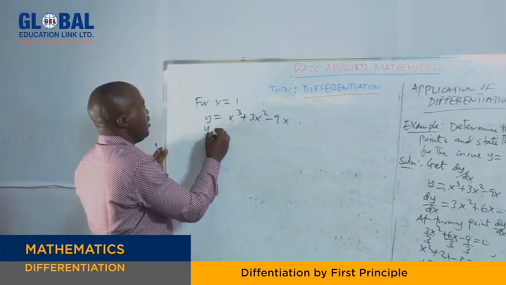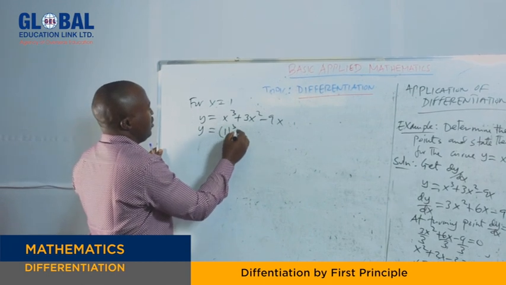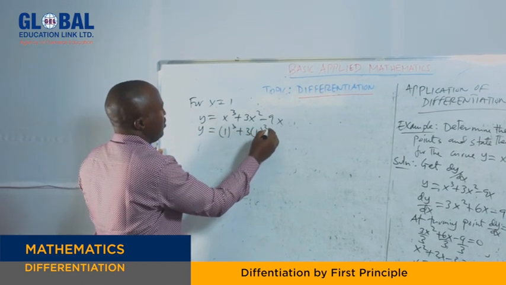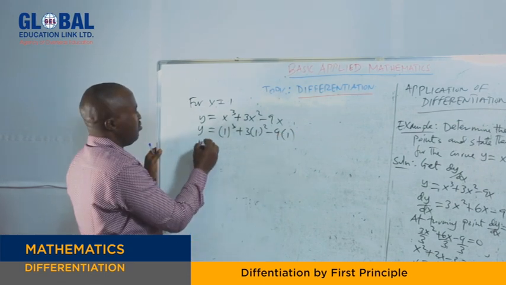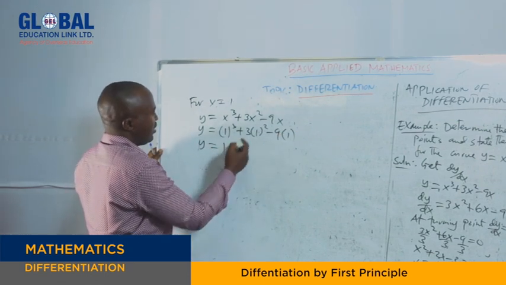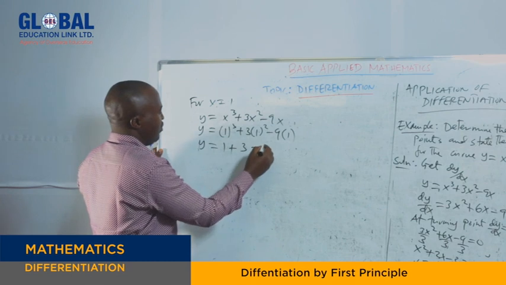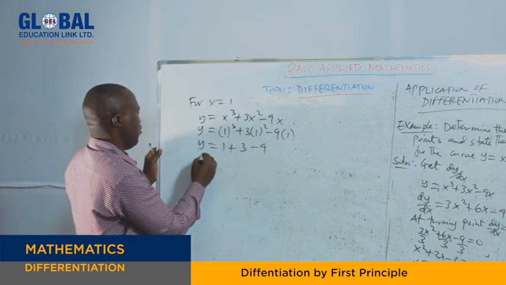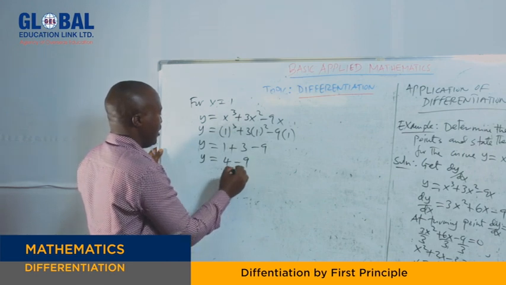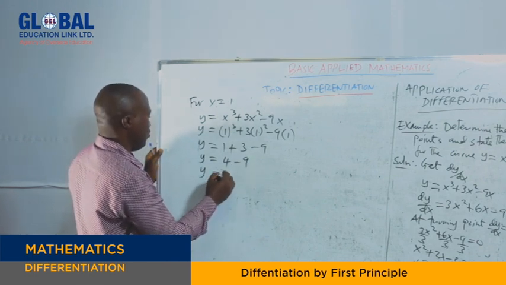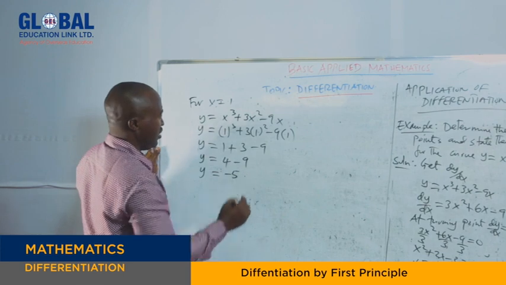So y is equal to 1 plus 3 minus 9. Therefore y is equal to 4 minus 9, therefore y is equal to negative 5.